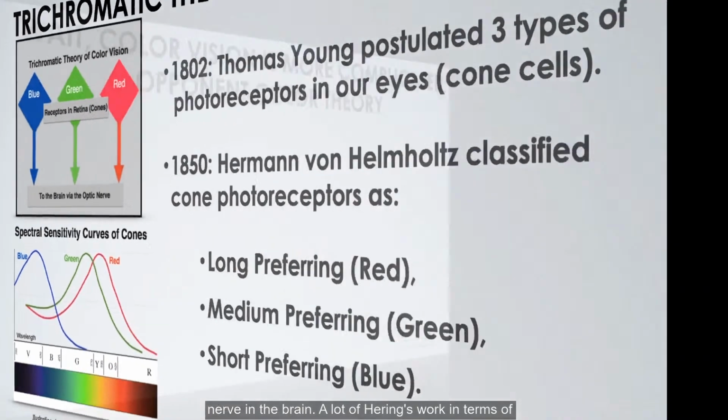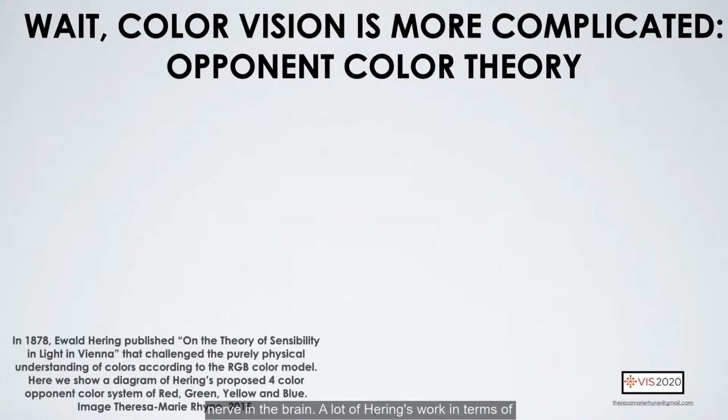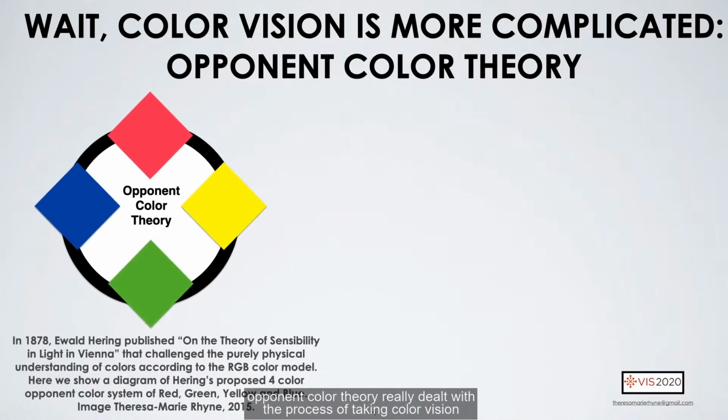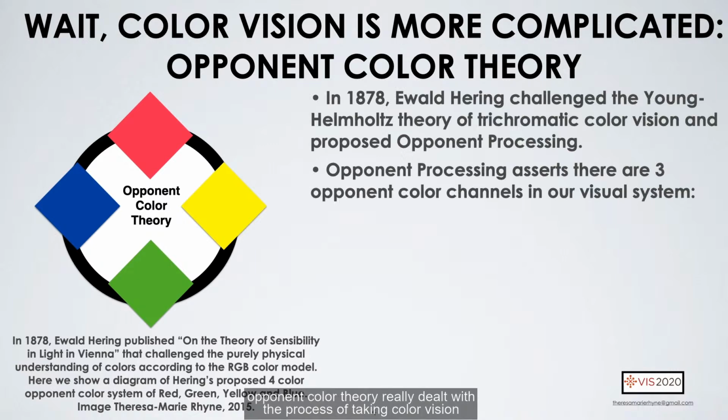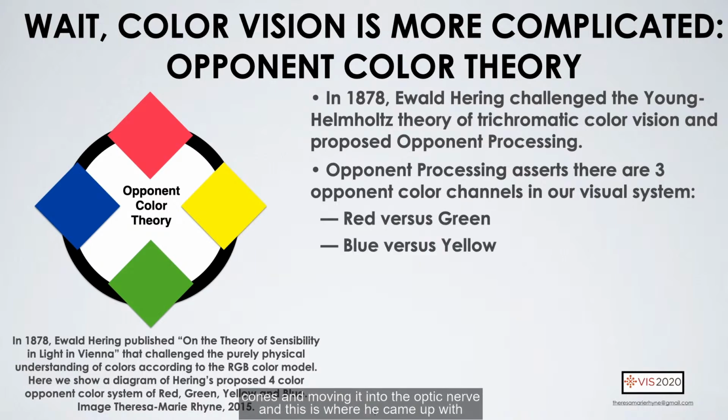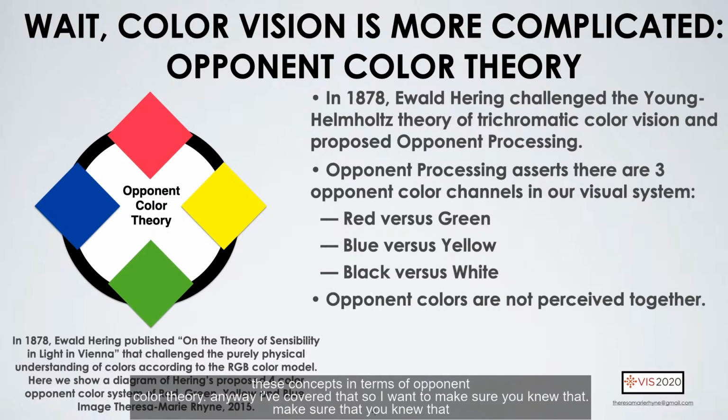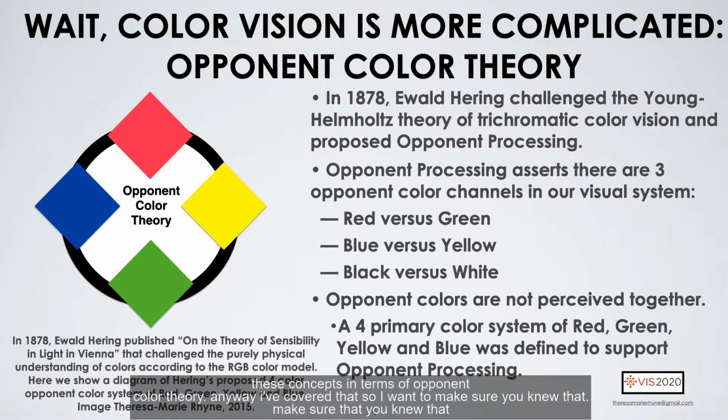A lot of Hering's work in opponent color theory really dealt with the process of moving the color vision from our cones into the optic nerve. This is where he came up with these concepts of opponent color theory. Anyway, I've covered that, so I want to make sure that you knew that.